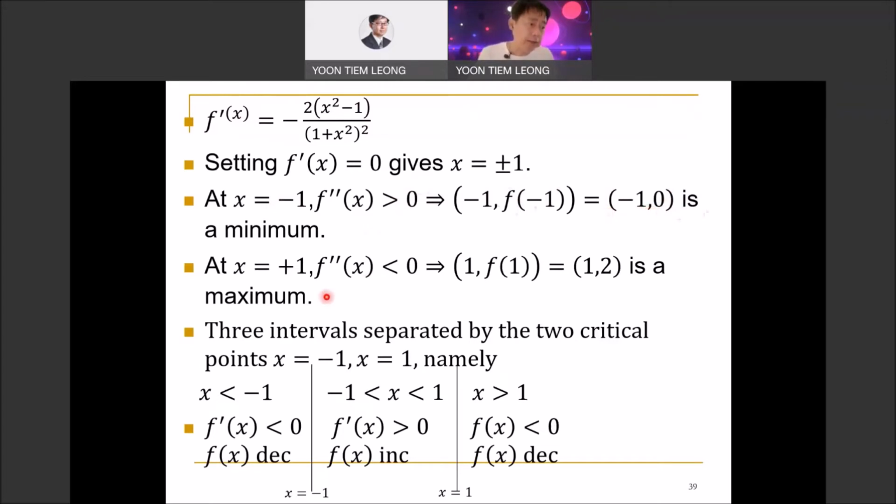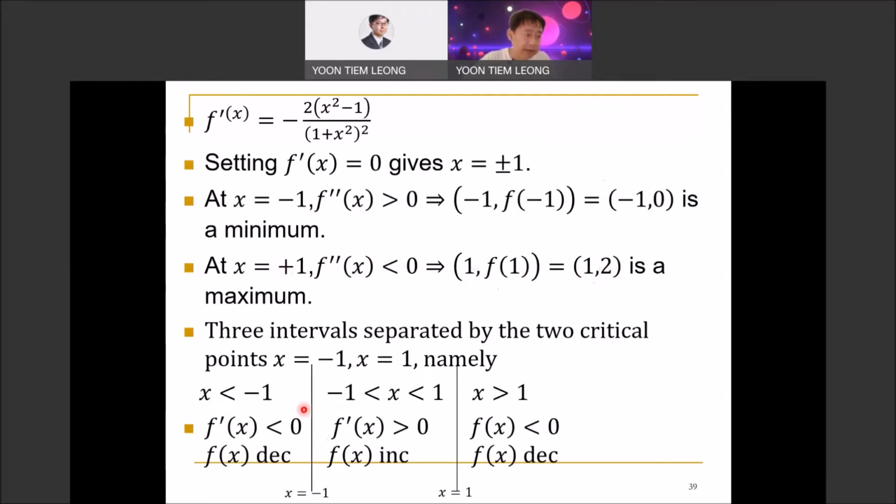Likewise, when x equals 1, f double prime should give you a number which is negative. What number it is is not very important, but the importance is that the sign is negative. So the critical point at 1, 2, where 2 is obtained by slotting x equals 1 into the function's expression, would be a local maximum. So you have identified a local minimum and local maximum at minus 1 and 1 respectively.